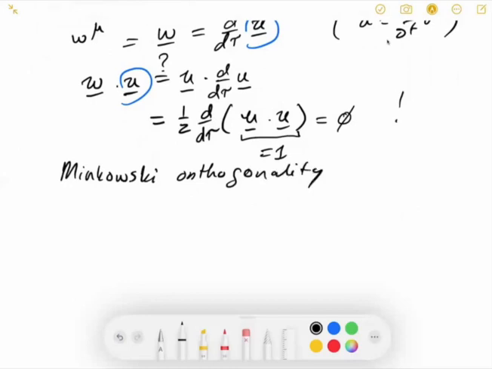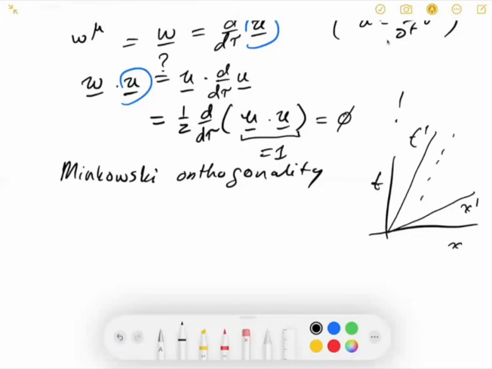What does it mean when two 4-vectors, in particular these two, are orthogonal? So for instance, in space-time, if this is x and this is t, that means that they are two different axes on the coordinate system, and even in a co-moving frame, t prime, x prime, the Minkowski dot product would still be 0, because there would still be a time and an x-axis, and that's why you get this skewed coordinate system.